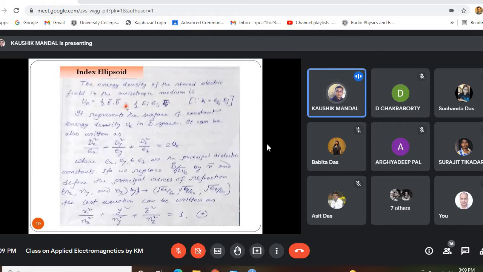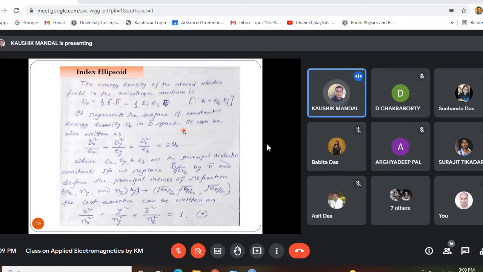From the basic equations we can write D equal to epsilon E, so UE is half of Ei epsilon ij Ej. This relation represents a surface of constant energy density UE in the D space.